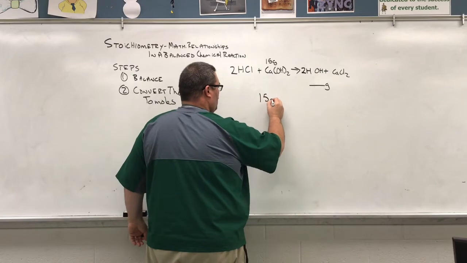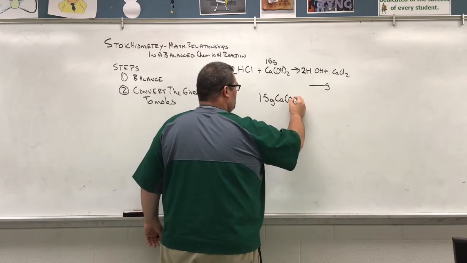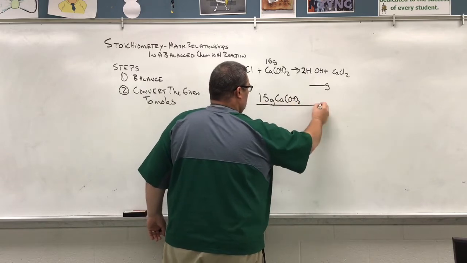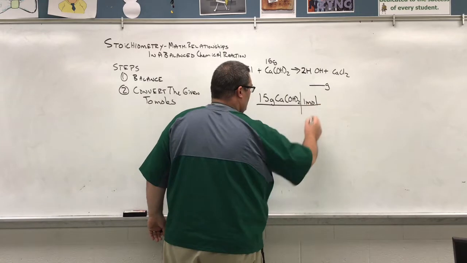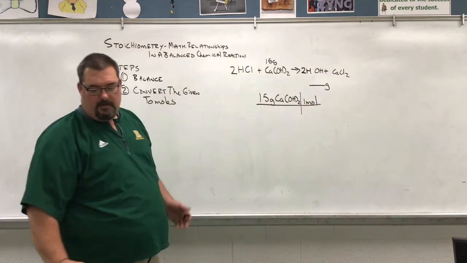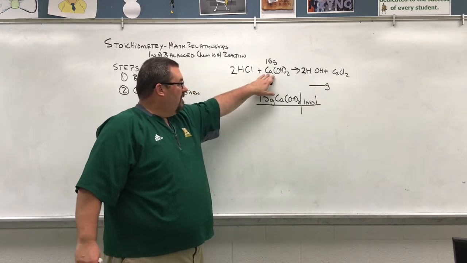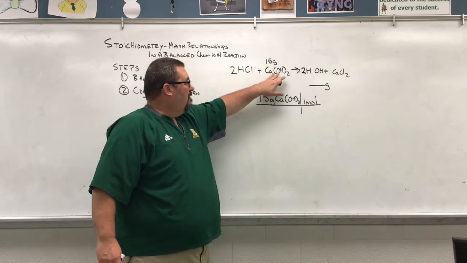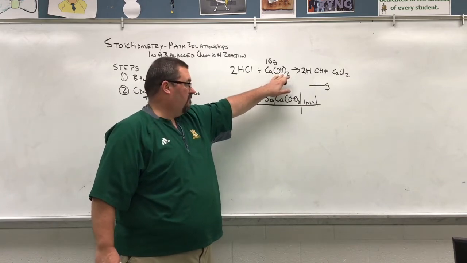I've got 15 grams of calcium hydroxide. And 1 mole of calcium hydroxide. If I look on my periodic table, I'll find that the mass of calcium is 40.08, mass of oxygen is 16, mass of hydrogen is 1.008.